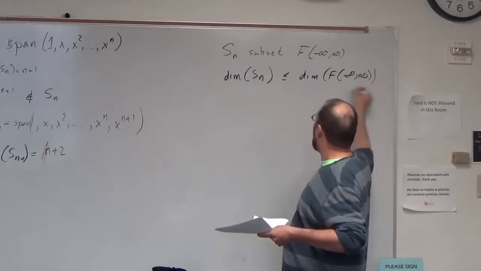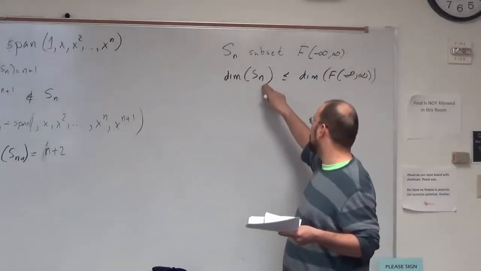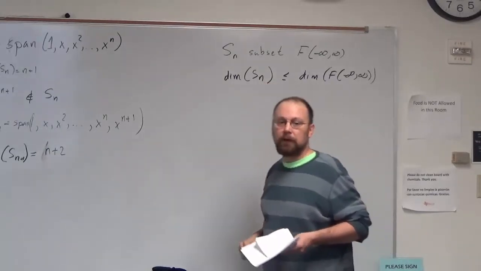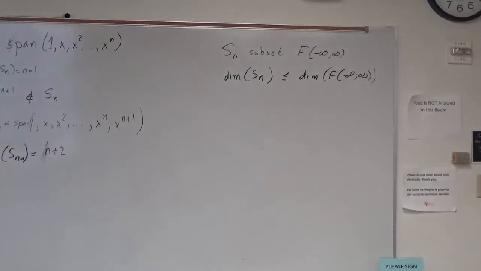So there's no upper bound on the dimension of S sub n, because you can choose n to be arbitrarily large. Okay. So that proves that this is infinite dimensional.